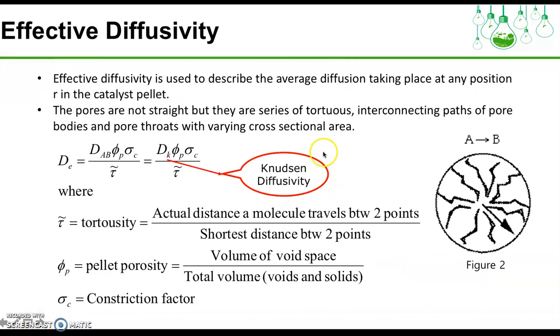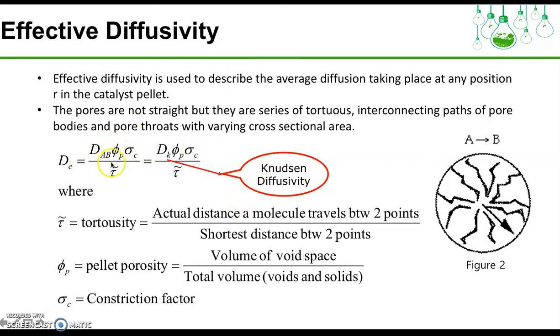So what is effective diffusivity, known as DE? DE describes the average diffusion taking place at any position r in the catalyst pellet. Last time it was all about DAB, but in internal diffusion we use DE, which is described by this equation. You can refer to your textbook.